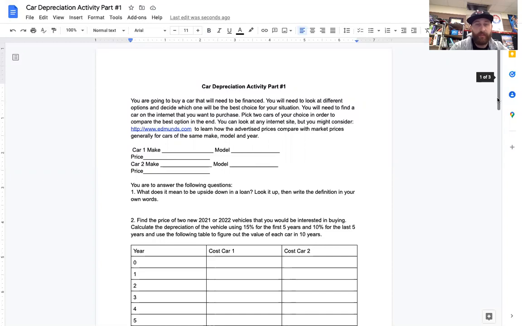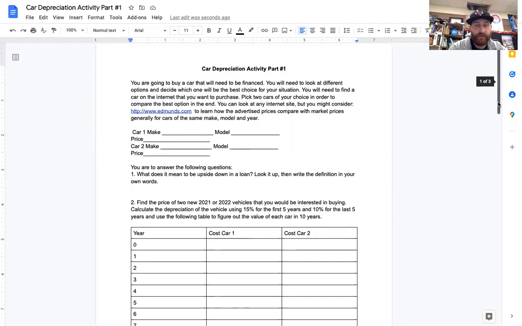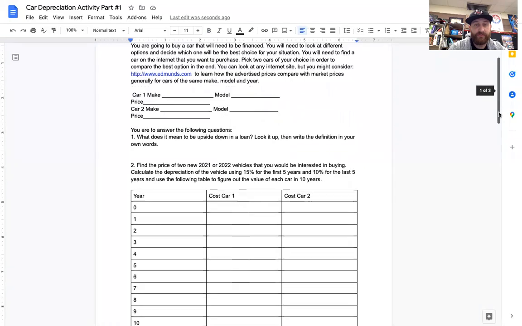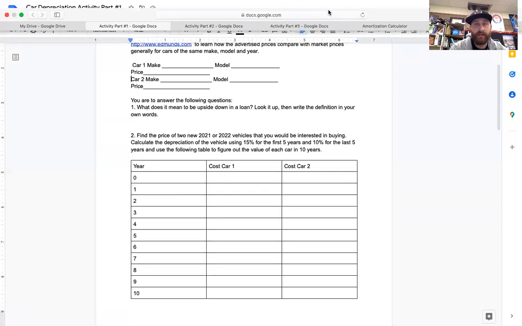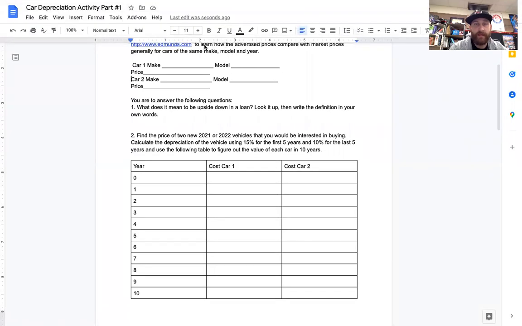It says find the price of two new vehicles. Calculate the depreciation of the vehicle using 15% for the first 5 years, 10% for the last 5 years. What I did was make up a price. I think my price was 35,000.